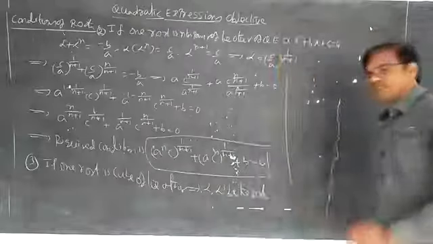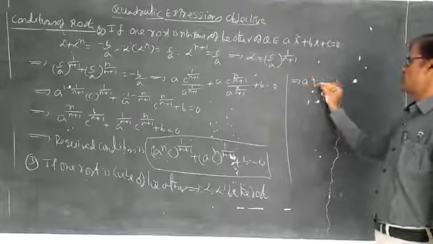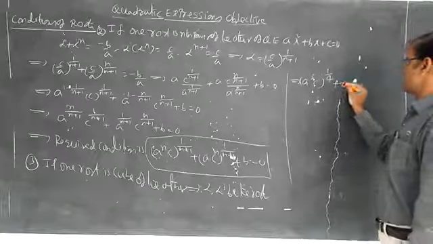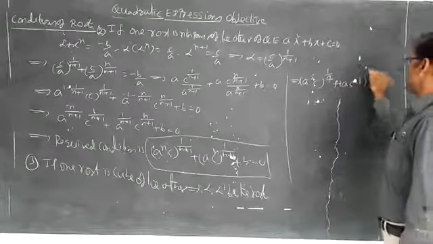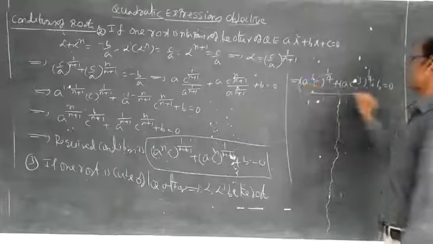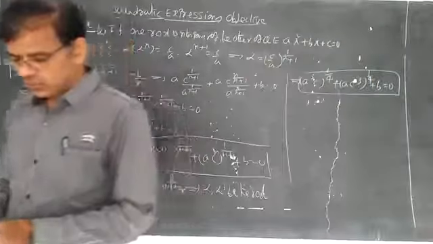So instead of n we can substitute 3 here. That implies you write a cube c whole power 1 by 4 plus ac cube whole power 1 by 4 plus b is equal to 0. That's all. These are the condition of roots.